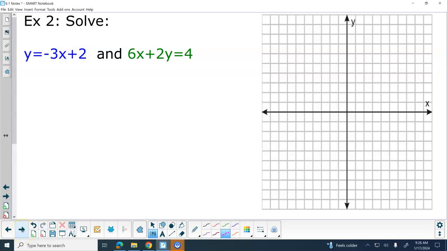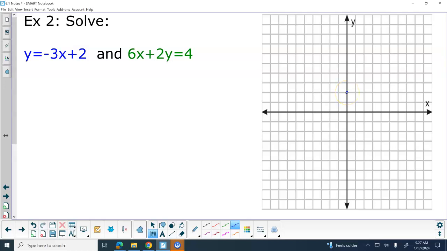Ooh, sometimes the math gods smile upon us and say, "Whoa!" Here's one already put in white. Sometimes. Plus 2 means I'm right here.